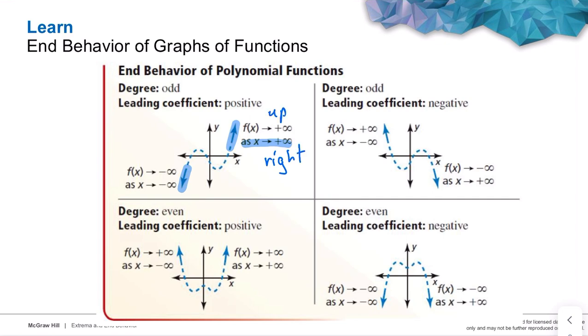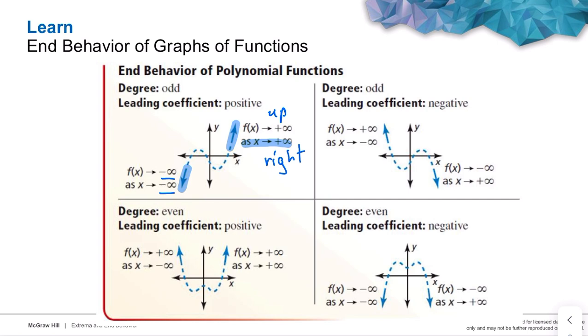Okay, so we basically have to form some sort of association with right and left for x and up and down for y. So if it's going up as the graph is going right, that means positive infinity. Now, if the graph is going down as x is going left, both of those are negative, down and left are negative. That's why both of these on the left side are negative infinity.